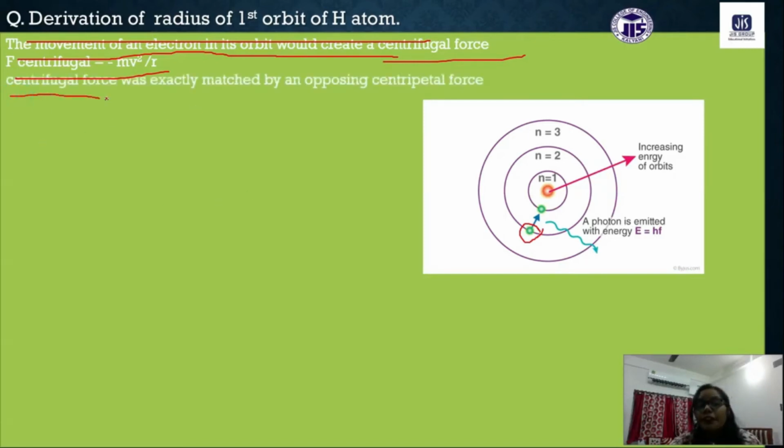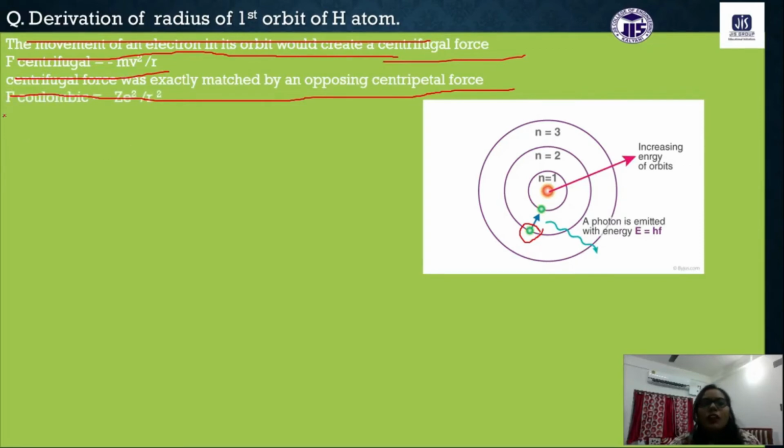Now, centrifugal force is exactly matched by the opposite centripetal force, and that is why the electrons are stable in their orbit, continuously revolving around the nucleus, while the centrifugal force and the centripetal force are the same.